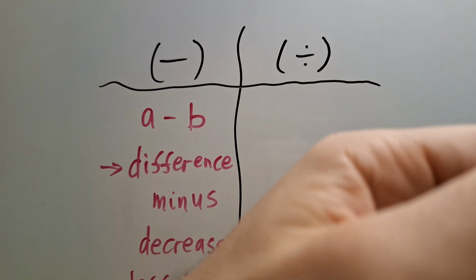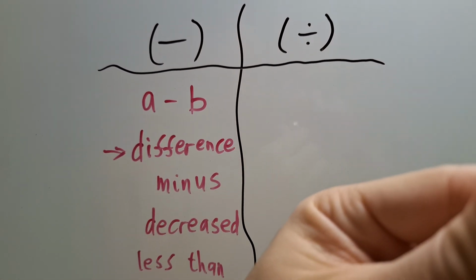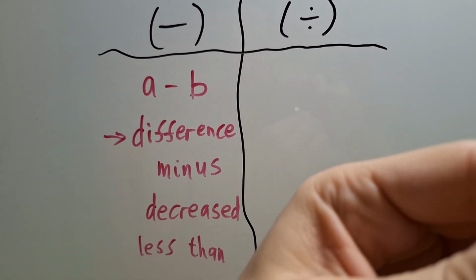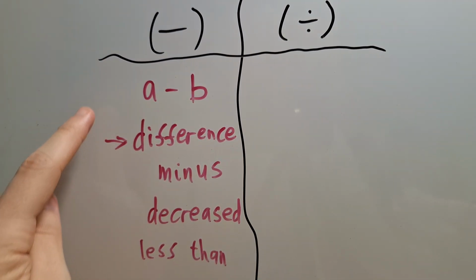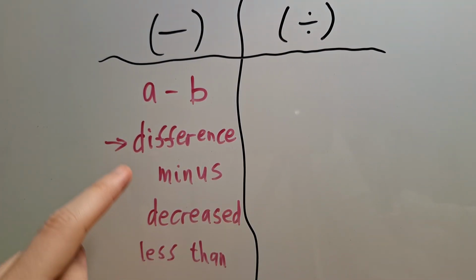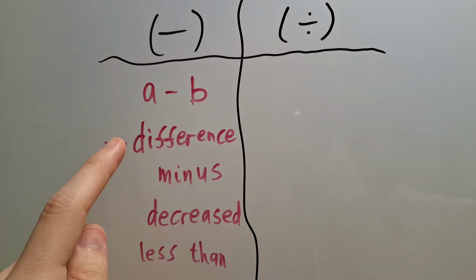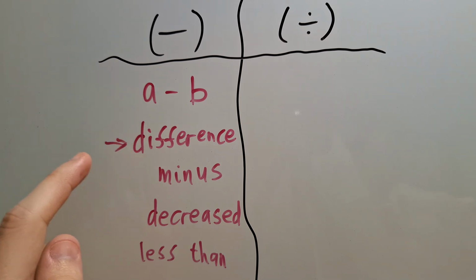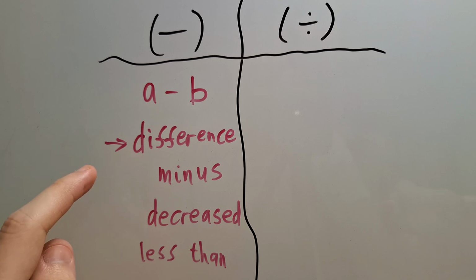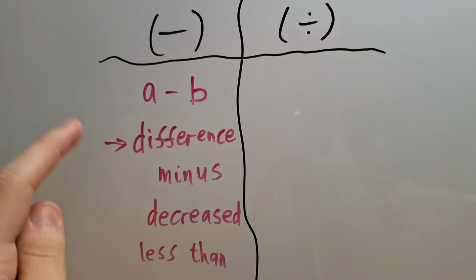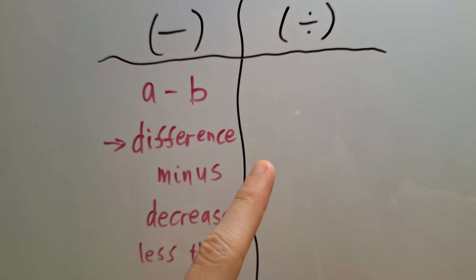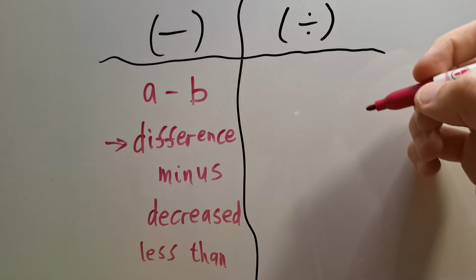These are some keywords letting us know that we're dealing with subtraction. So again, A minus B, B subtracted from A, decreased by B, B less than A. These all mean subtraction. Let's move on to division next.